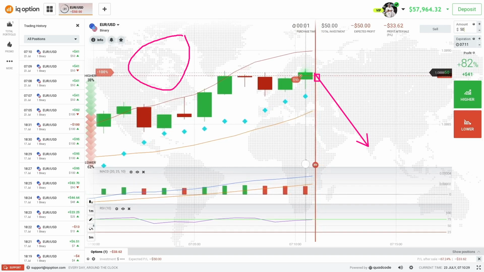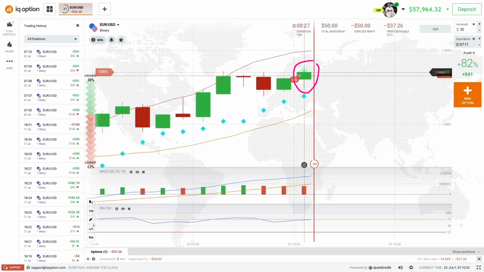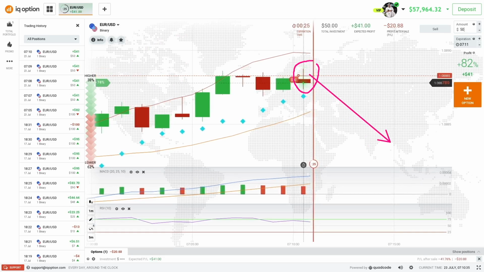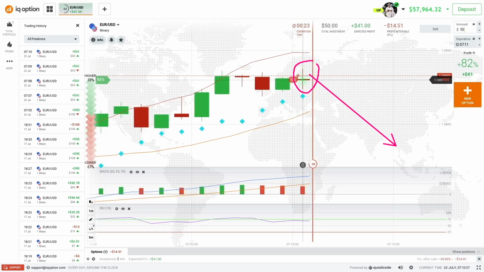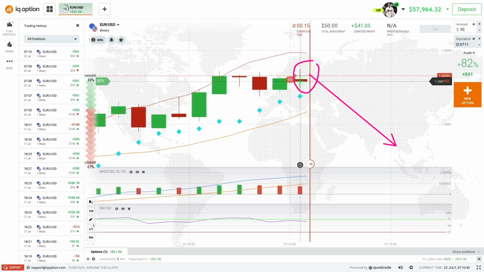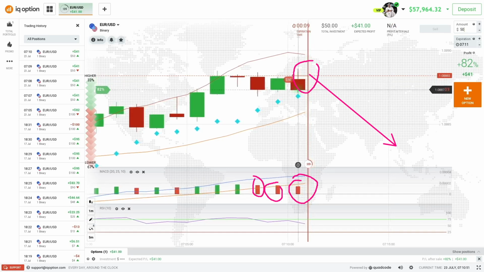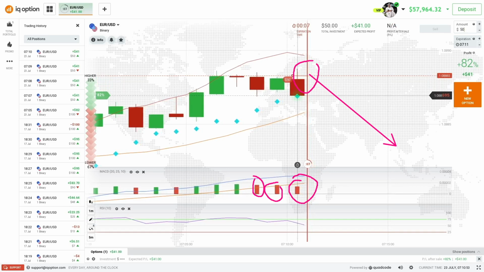I don't know, but I believe that the market will start making some small or middle range downtrend. I don't know why three red candles were created by MACD.